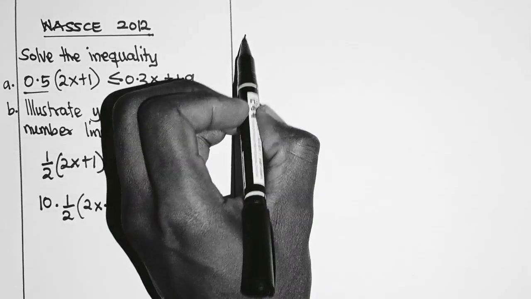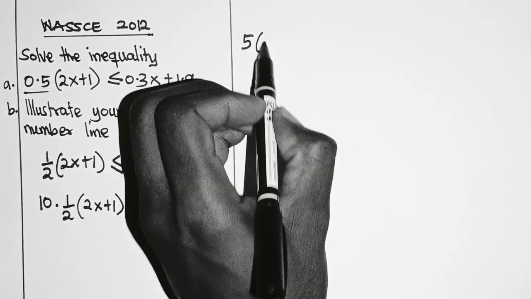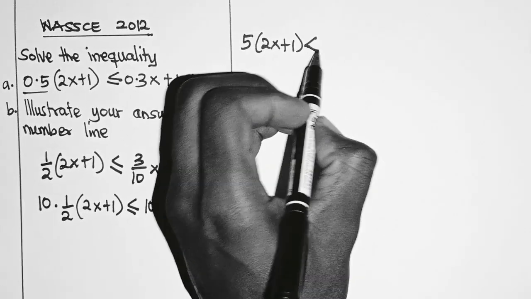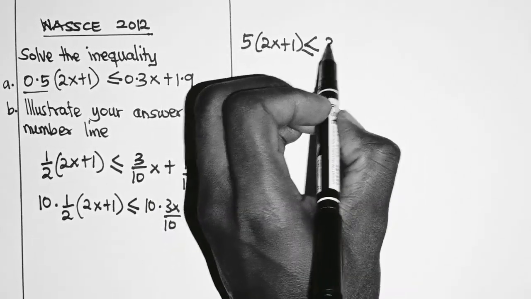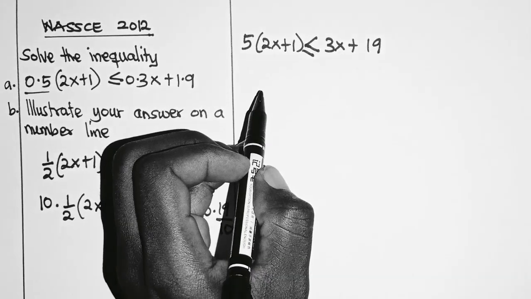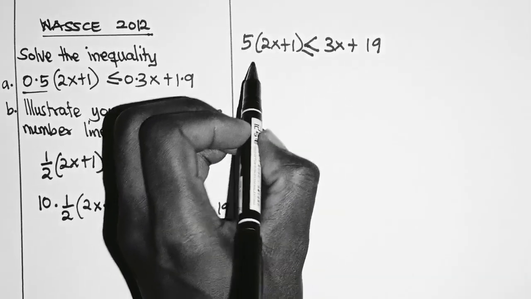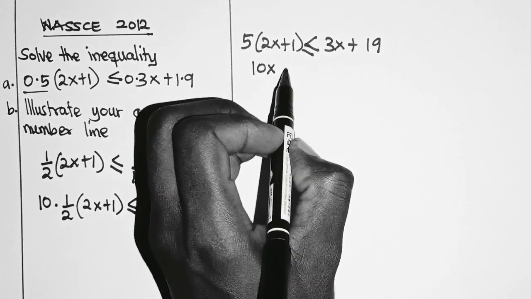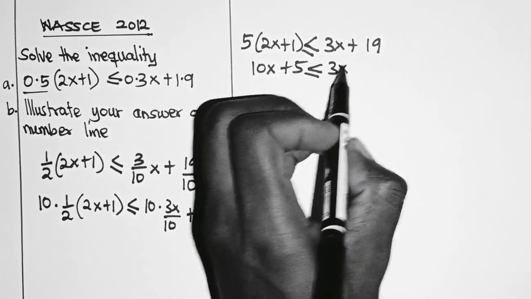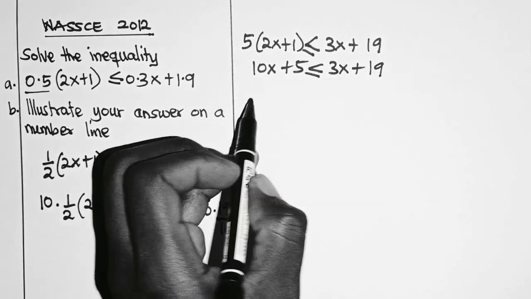So we now have 5 times (2x plus 1), and this is less than or equal to 3x plus 19. So 5 times 2x is 10x, and 5 times 1 is 5. This is less than or equal to 3x plus 19.